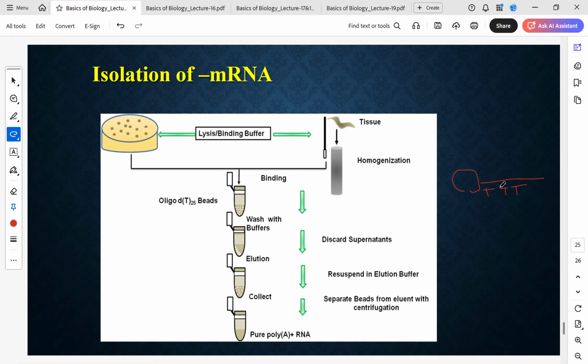These T's will complement the poly A tail, and therefore capture the RNA containing the poly A tail. Then you can wash the beads, elute the mRNA from the beads using elution buffer, collect it, and then use it for multiple experiments such as translation experiments, reverse transcription, all of those.